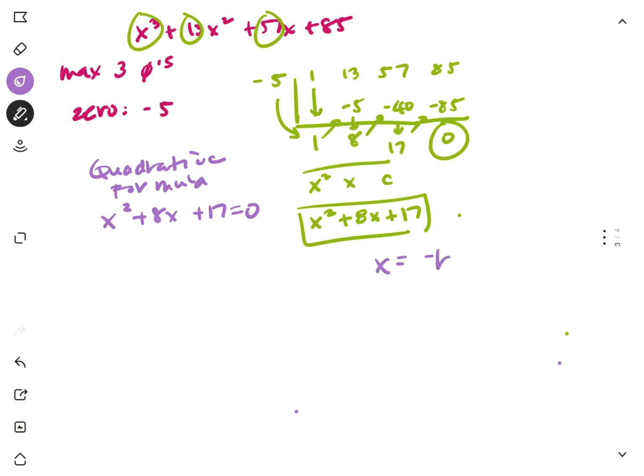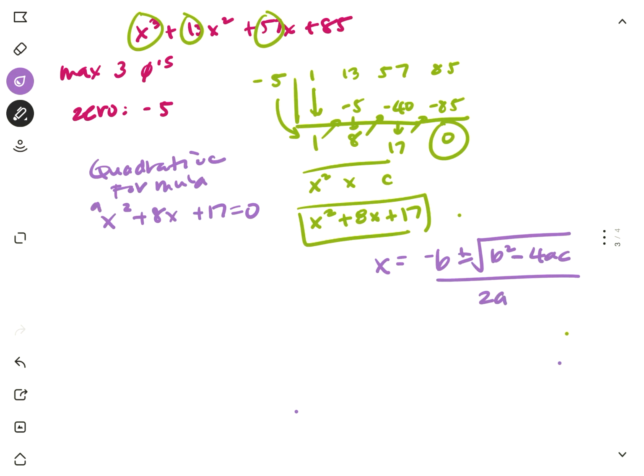If you remember, x equals -b plus or minus the square root of b squared minus 4ac, over 2a.